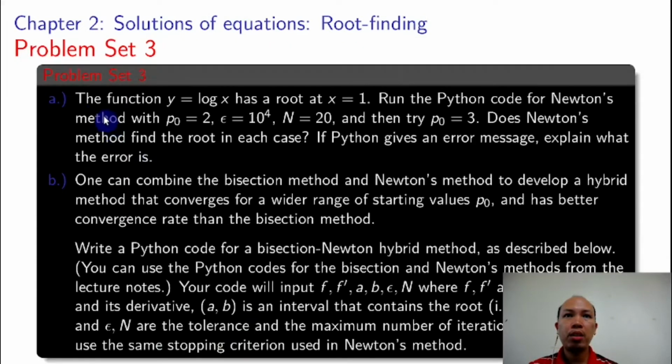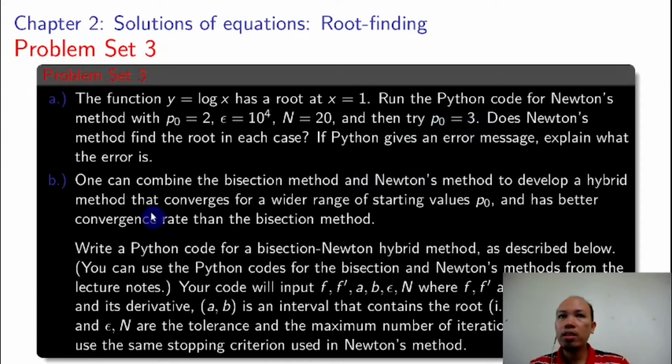For letter A, the function y is equal to log x has a root at x is equal to 1. Run the Python code for Newton's method with the initial guess which is equal to 2, and the tolerance is 10 to the negative 4, n is equal to 20, and then try also if you are using initial guess which is equal to 3.